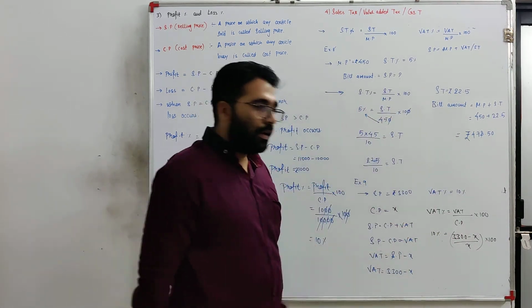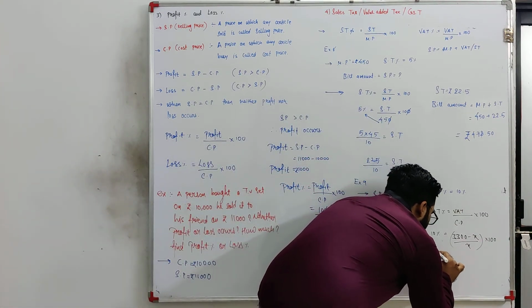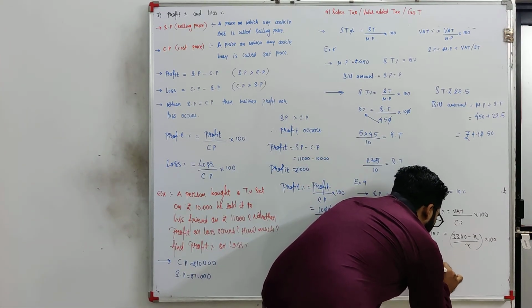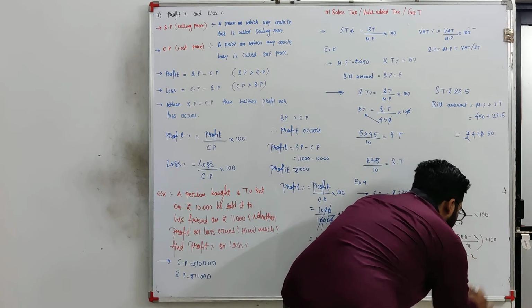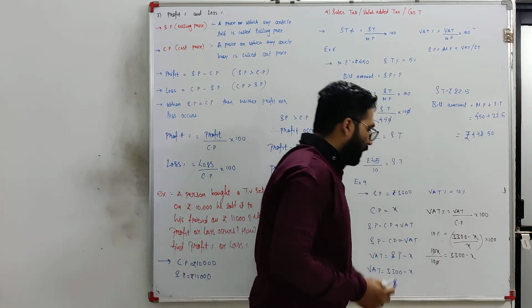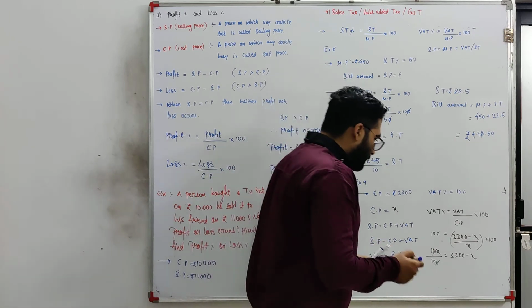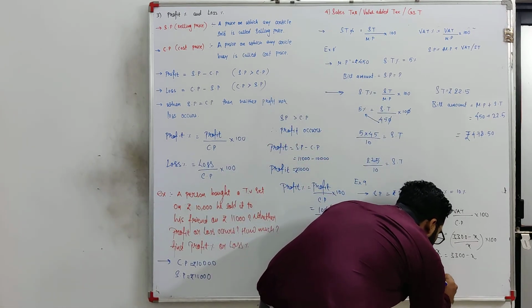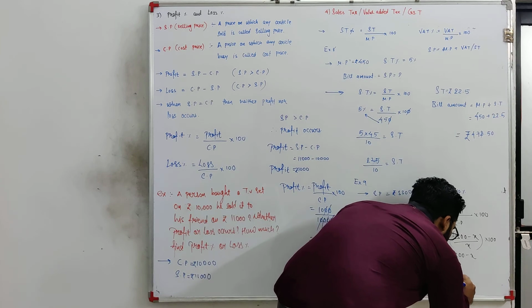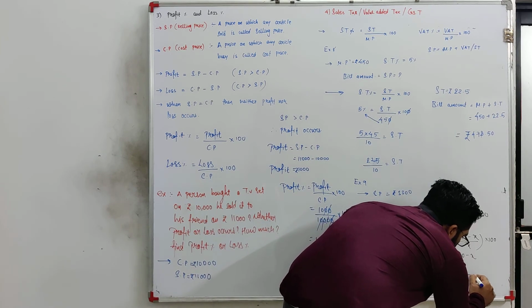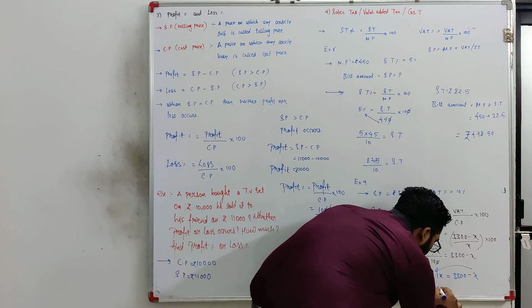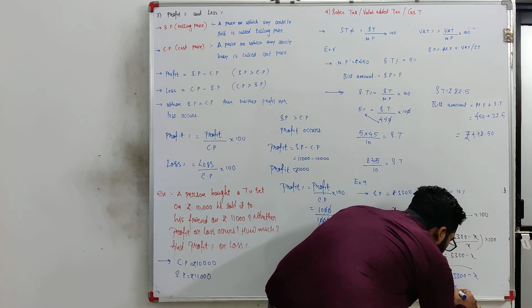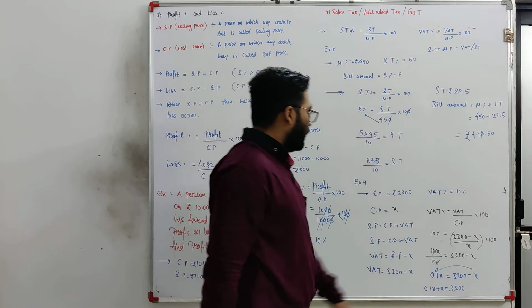Now 10X divided by 100 is equal to 3300 minus X. So 0.1X is equal to 3300 minus X. When minus X comes here, 0.1X plus X is equal to 3300.